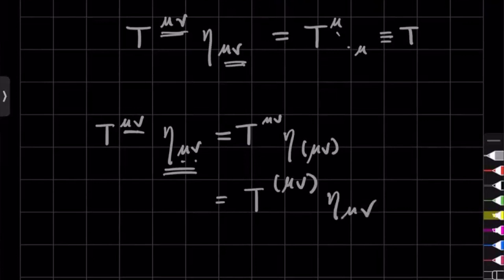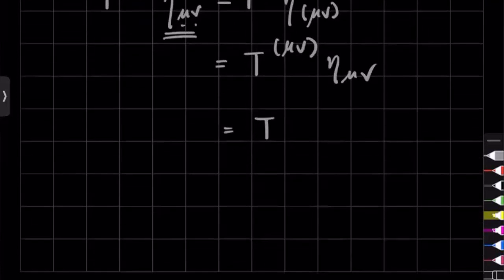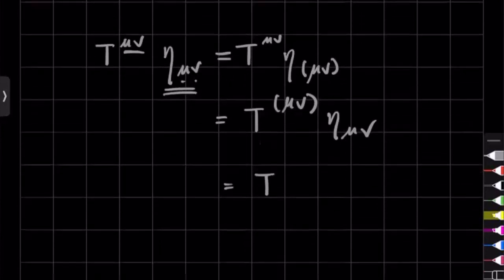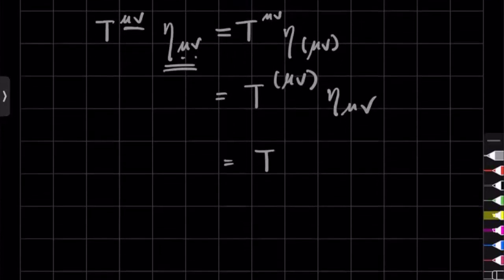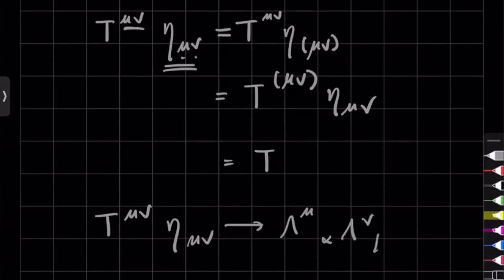So this thing is T. We are defining this thing as T. And this doesn't have an index, which should be consistent with the fact that under a Lorentz transformation, this should be a scalar. It should be invariant. Let's see if that happens. So under Lorentz transformation, T^{μν} η_{μν} should go to Λ^μ_α Λ^ν_β T^{αβ} η_{μν}.